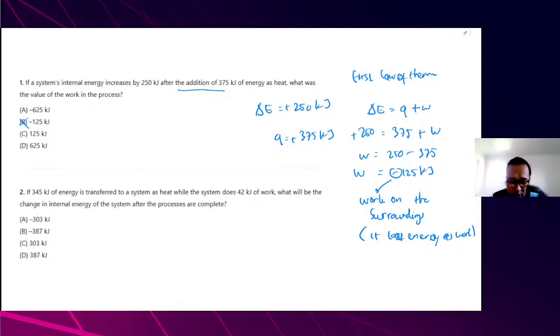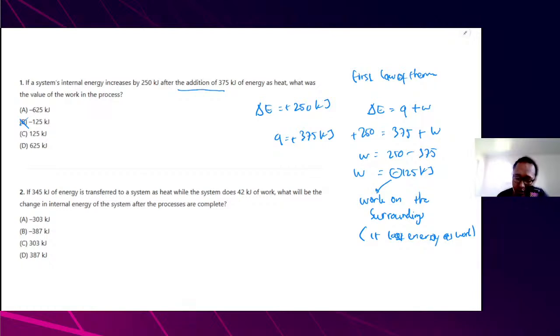Now number 2: if 345 kilojoule of energy is transferred to a system as heat while the system does 42 kilojoule of work, what will be the change in the internal energy of the system after the process is complete? How to solve this problem?